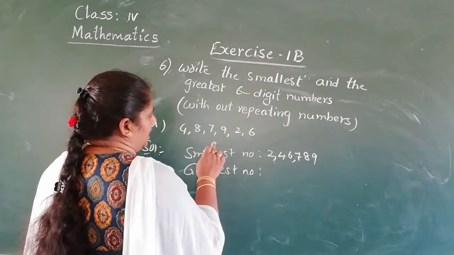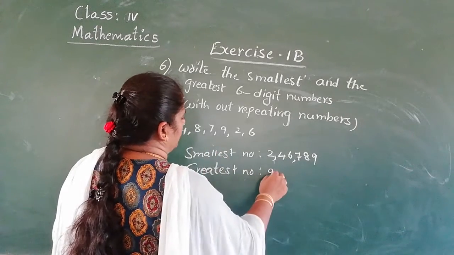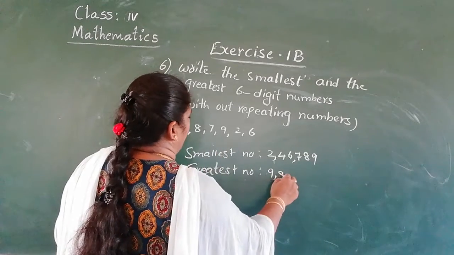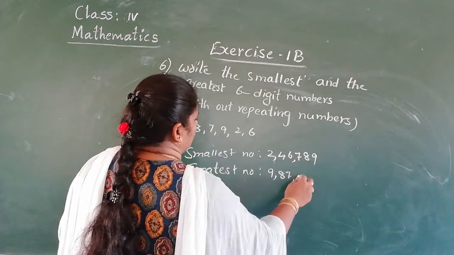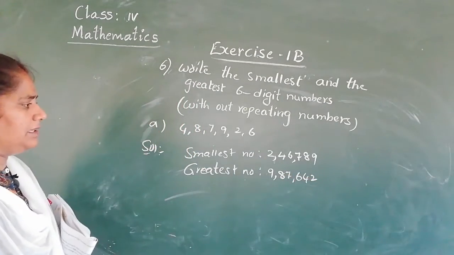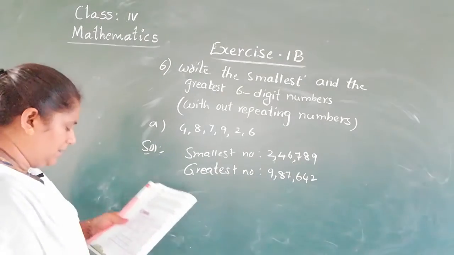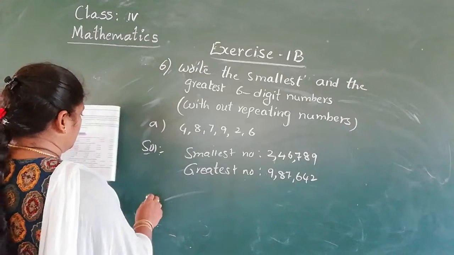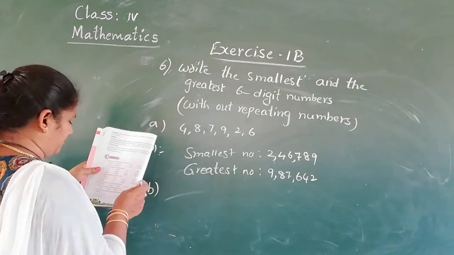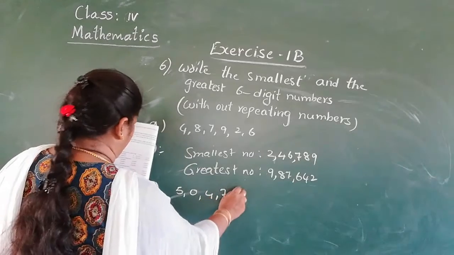So if the numbers are written in decreasing order, that means greatest to smallest, then we can get the big number. 9,87,642. So same like that. So if the zeros come, how can you do? So B, you do yourself, note down this problem.